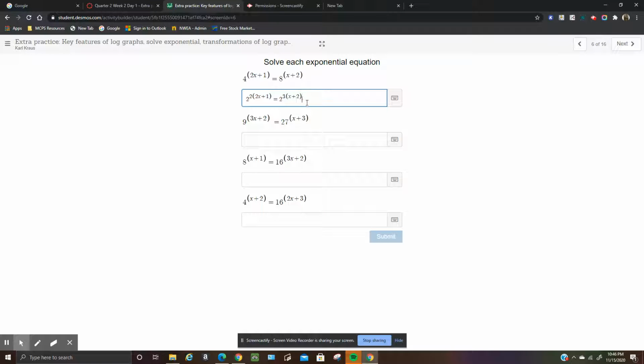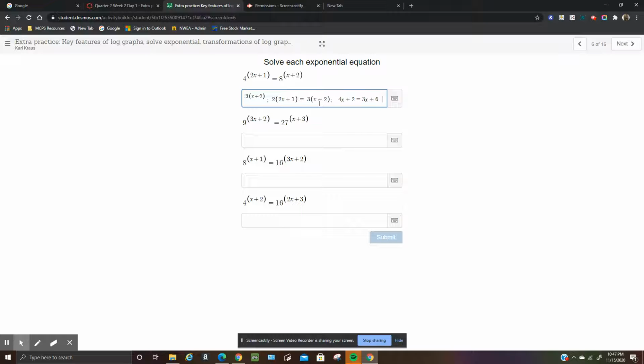And then equating the exponents here, you have 2 times 2x plus 1 equals 3 times x plus 2. And then 4x plus 2 equals x plus 6.